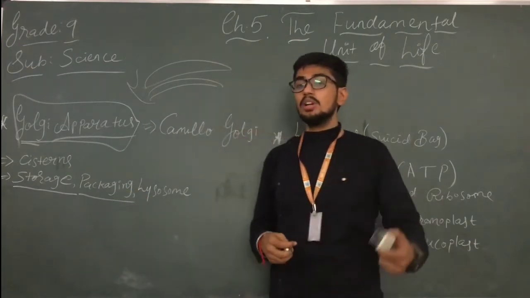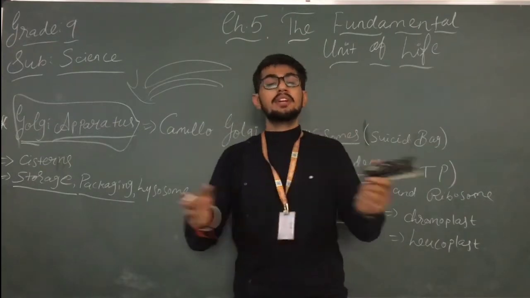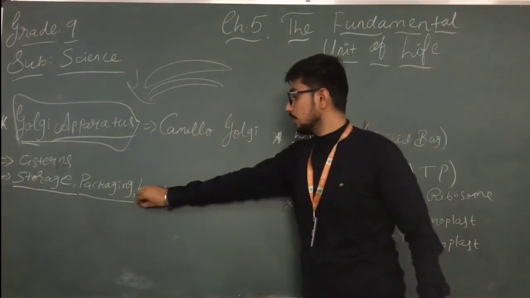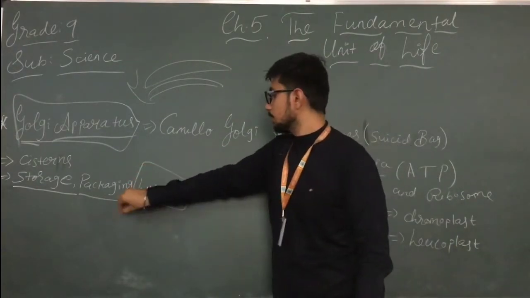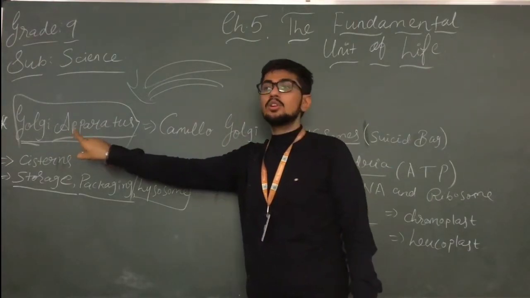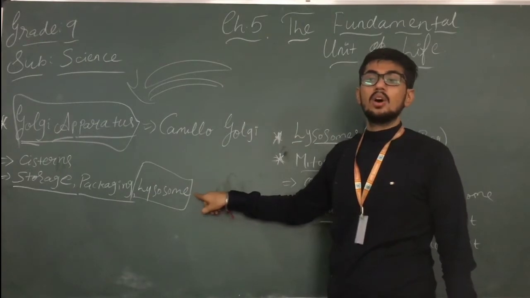After packing and modifying, they release all that packed protein to different kinds of organelles or different kinds of tissues. Last one is making of lysosomes. This is one of the most important things. One cell organelle is going to make another cell organelle. Lysosome is also a kind of cell organelle.